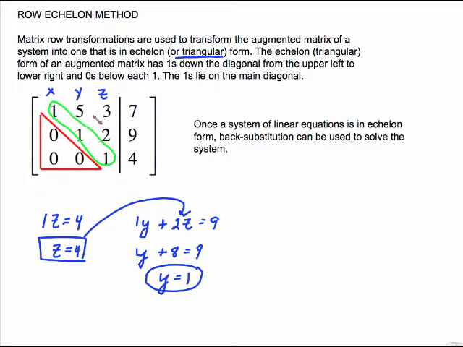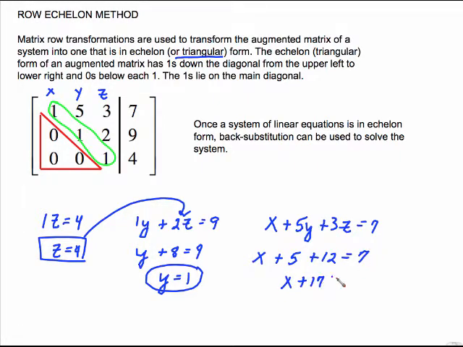We have coefficients in every column, so this is x plus 5y plus 3z equals 7. Stuff in what we know. We don't know x. We know y is 1, so 5 times 1 is 5. We know z is 4. 3 times 4 is 12. So this is x plus 17 equals 7, or x equals negative 10.